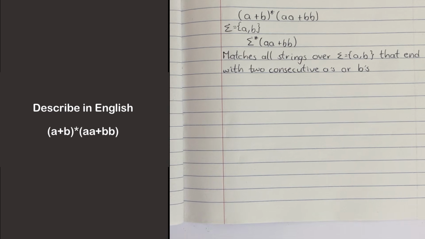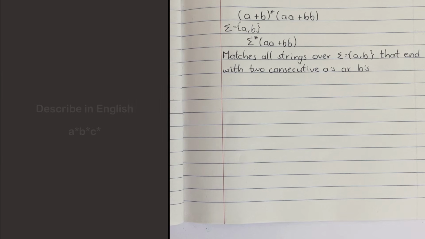So we can see that our regular expression matches all strings over the alphabet AB that end with 2 consecutive A's or B's. You can see that it ends with 2 identical characters. It's the same thing. To our next question, we have A star, B star, C star, and we have to describe it in English.